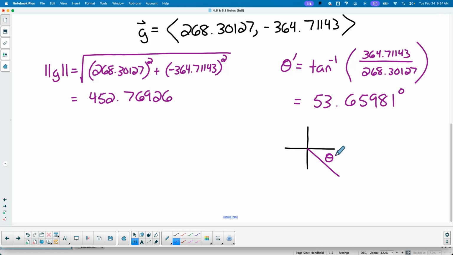My bearing angle is going to be this angle here, so I need to add 90 to the reference angle. That's going to be 143.65981 degrees.